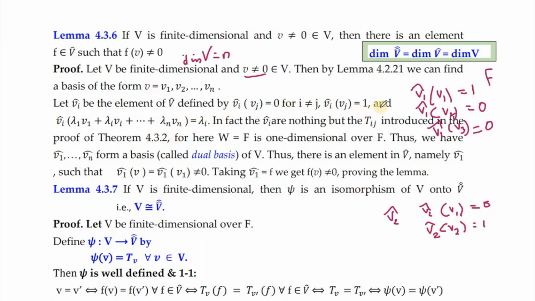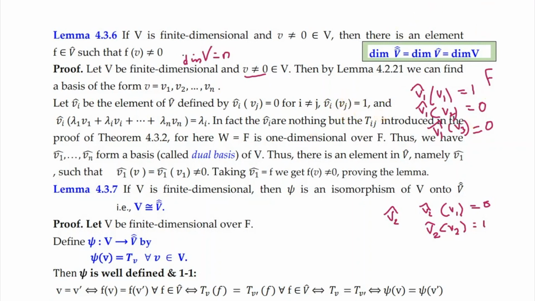This is the meaning: vi cap of vj is 0 for i not equal to j, and vi cap of vi is 1.